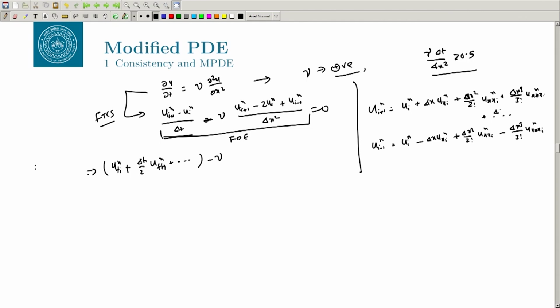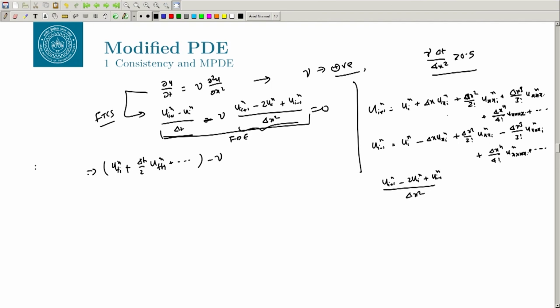I'll write one more term, delta x to the power 4 by factorial 4 times the fourth derivative. So I want to get this term, ui plus 1 n minus 2 ui n plus ui minus 1 n by delta x square.